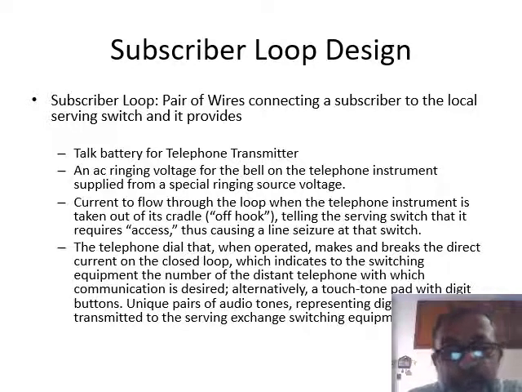From the telephone exchange where a digital switch is connected, it is basically connected to the main distribution frame of the telephone exchange, on the numbers side, which is also called the horizontal side. From the horizontal side, jumper wires are involved to connect that horizontal side to the vertical side.